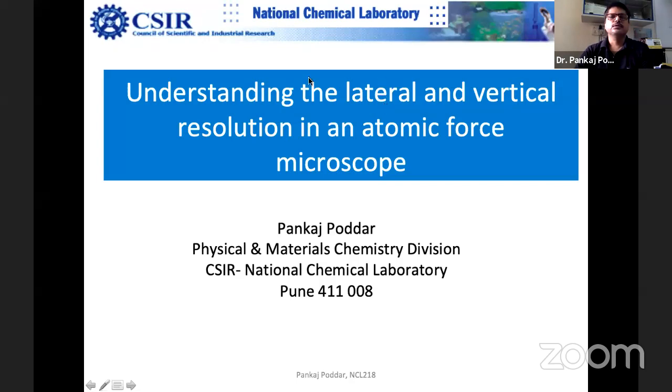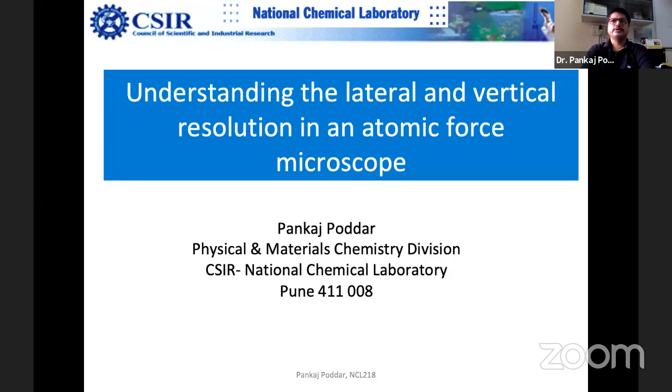So one is called force resolution actually. We are using atomic force microscopy, so there are two prime purposes of atomic force microscopy, though there are many other purposes. I would like to know the resolution of dimensions of measurement on a surface, right? Lateral resolution as well as vertical resolution.